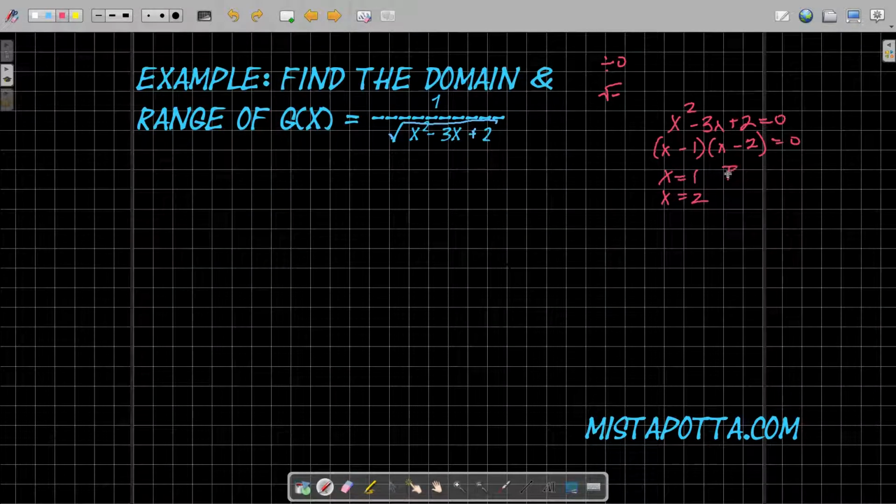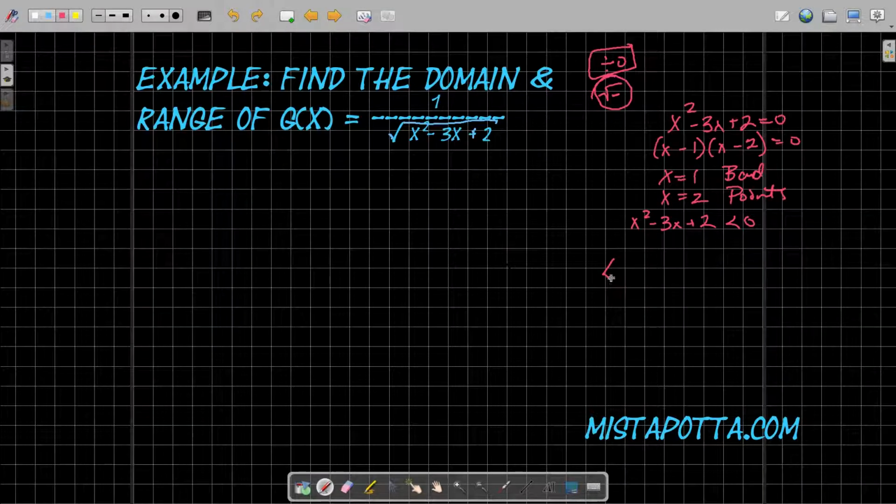Now keep in mind that these are bad points. And so these are going to affect my domain in this way. I can't divide by 0, so they're going to be bad points for that nature. But I also need to consider these values here. In other words, I need to look at x squared minus 3x plus 2 and find out where it is less than 0 as well, because those are going to be bad points as well.